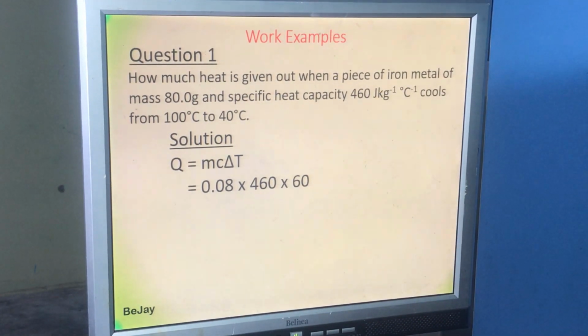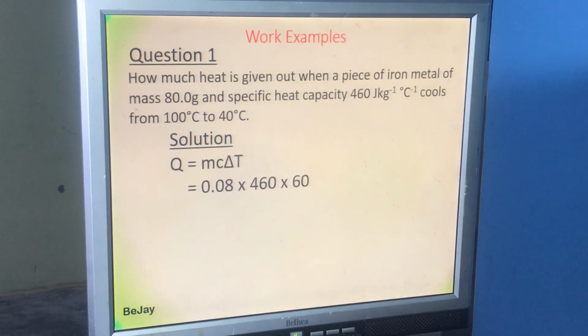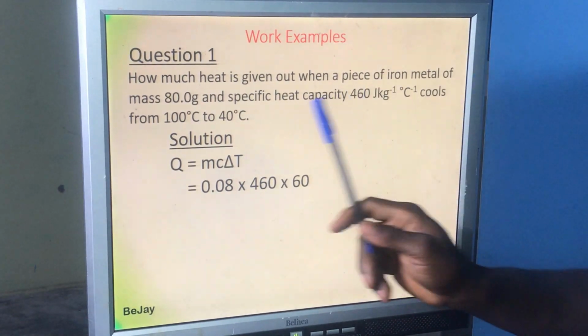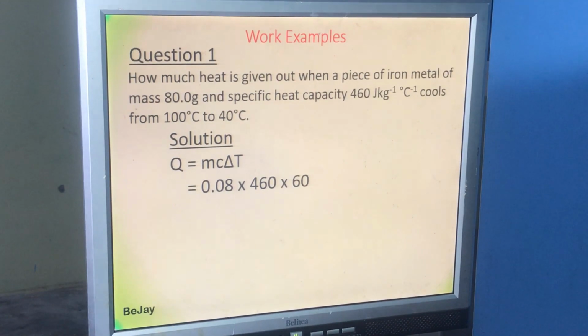Use the mass in grams like that. But if the specific heat capacity is in kilograms and the mass is in grams, you have to convert the mass to kilograms. The same way, if the mass is in kilograms and the specific heat capacity is in grams, you have to convert the mass back to grams. Take note of that, please. It is very, very important. If you don't do that, you may have challenges in dealing with it.